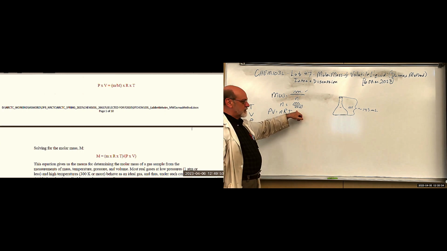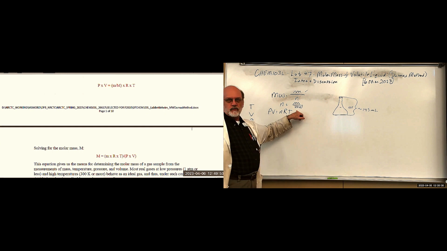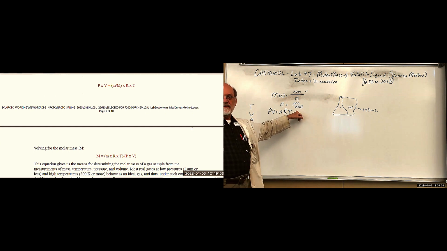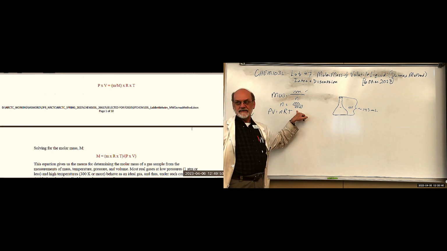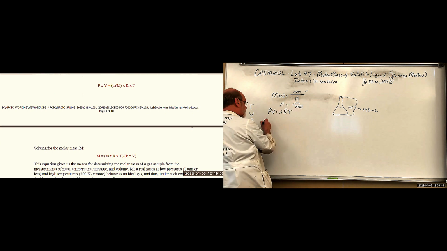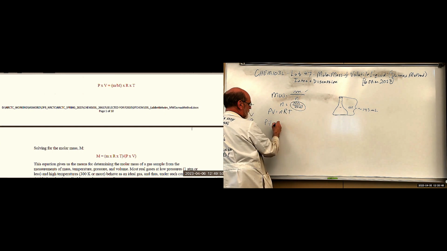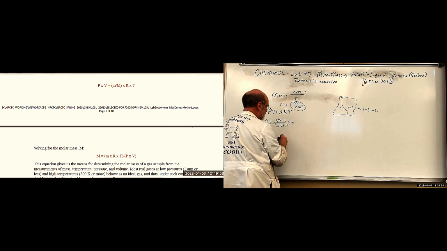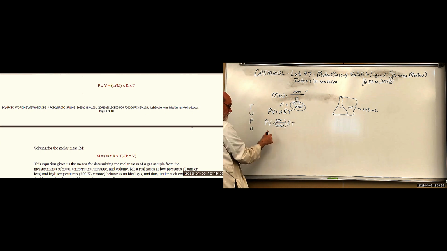So I go back to my roots. We used to call molar mass molecular weight. That's why MW. So once you solve it for that, you can insert this expression right here, times RT. And then we can solve for this one.